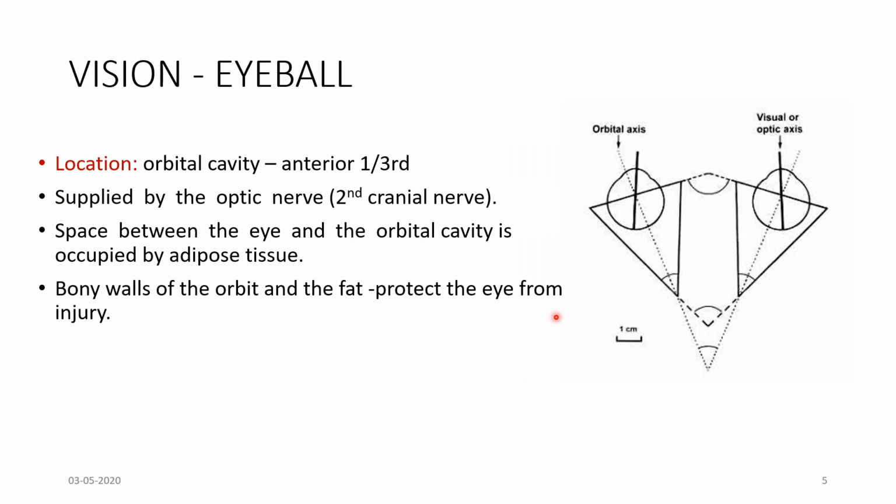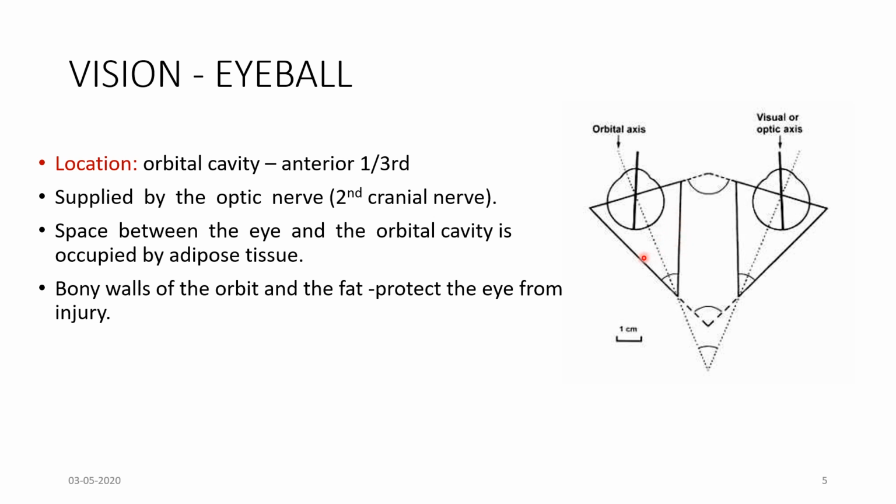The eyeballs are located in the orbital cavity in its anterior 1/3, and they are supplied by the second cranial nerve. What is the second cranial nerve? It is the optic nerve. The space between the eyeball and the orbital cavity is occupied by adipose tissue.